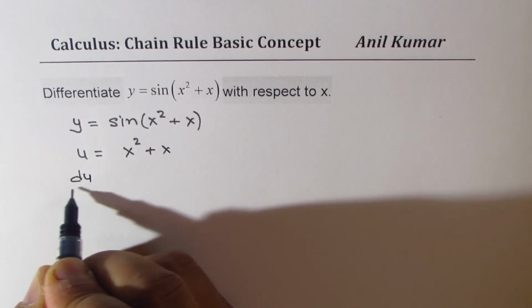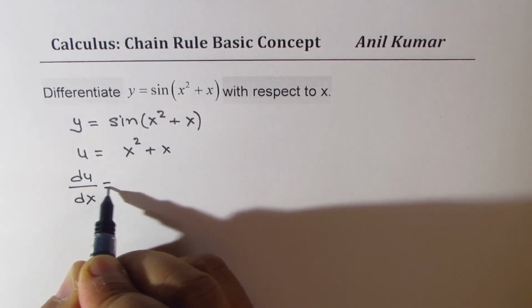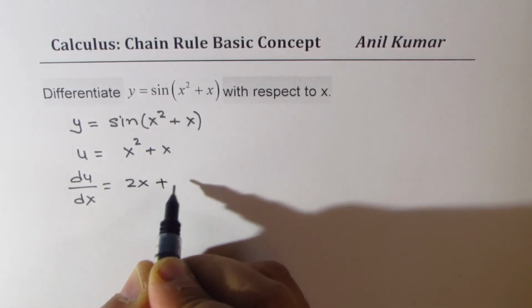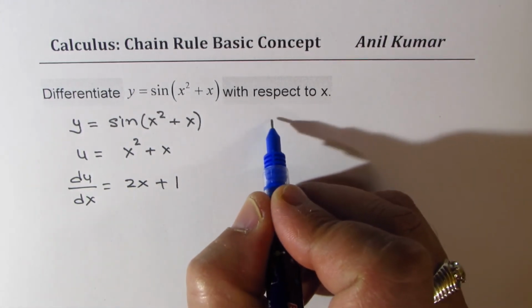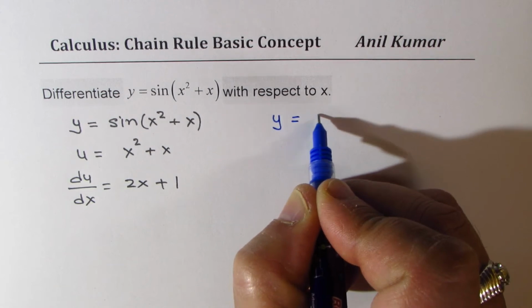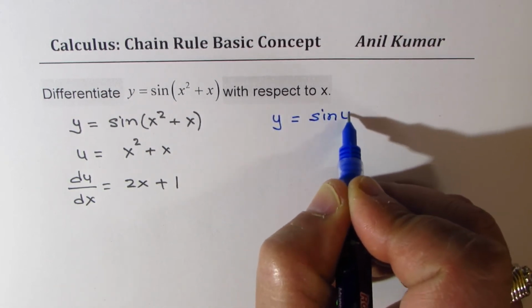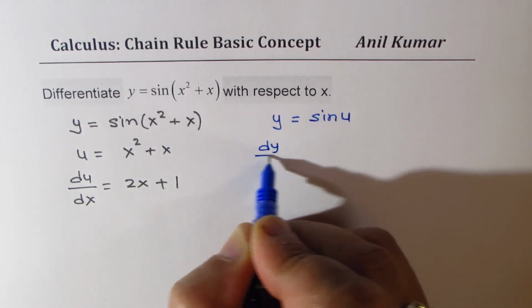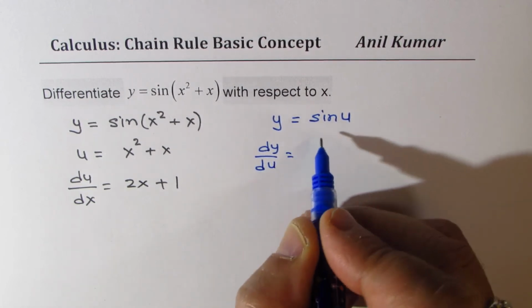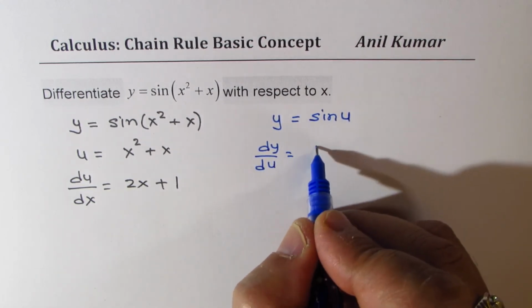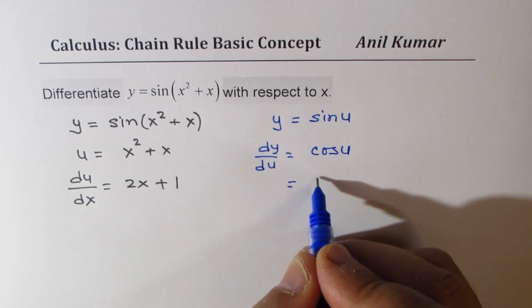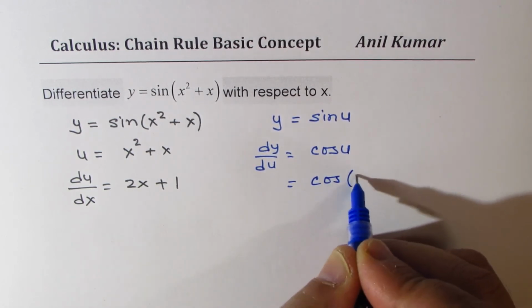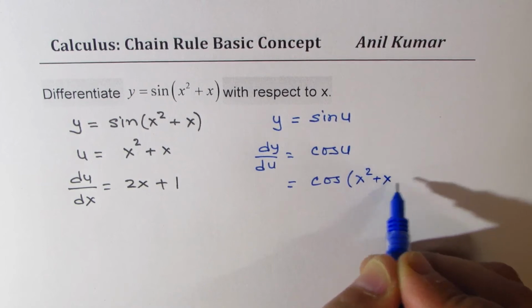So we have du dx equal to 2x plus 1. Now once you do that substitution, you could write y equals sine u, and dy du is the derivative of sine u, which is cos u. And since you know what u is, you could write this as cos of x squared plus x.